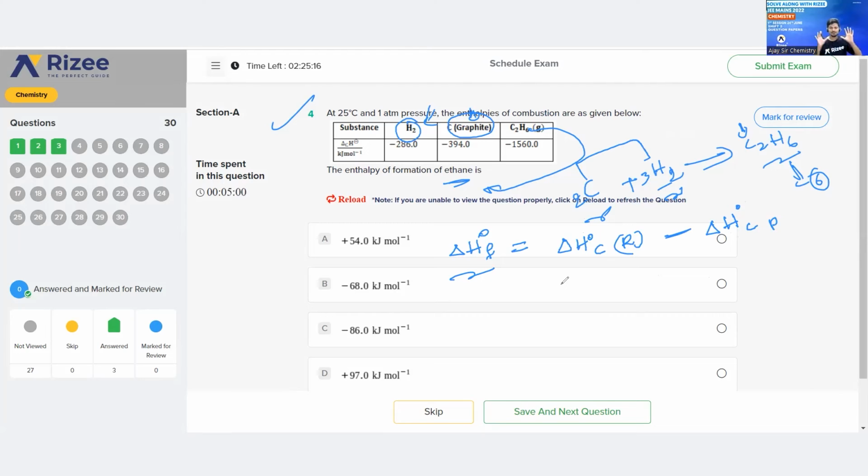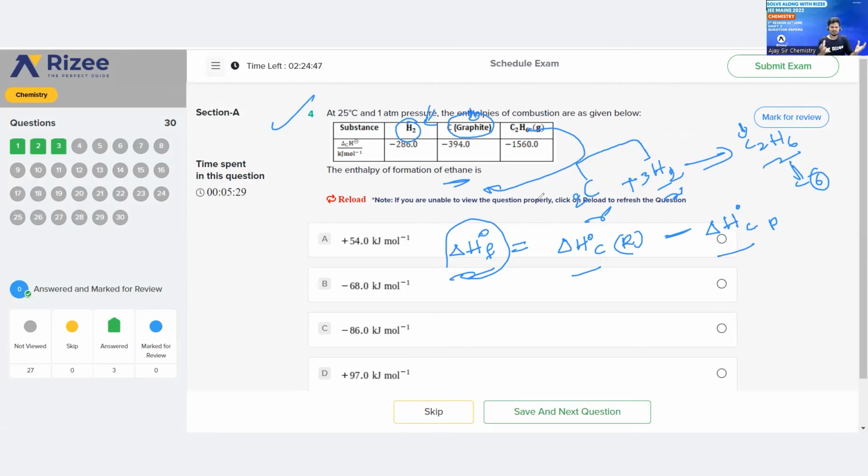So what do we have to do? From the enthalpy of combustion of reactants, we have to subtract the enthalpy of combustion of products. Then we will get the enthalpy of formation.